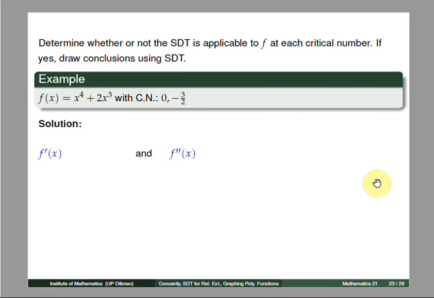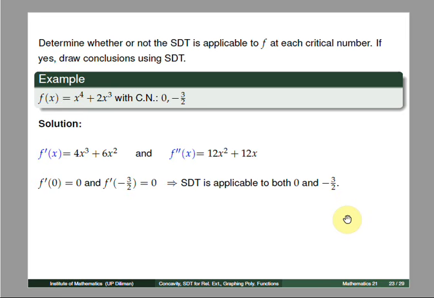You can verify that f prime is 4x cubed plus 6x squared, and f double prime is equal to 12x squared plus 12x. Our next step is to substitute the critical number in the first derivative. We see that f prime of 0 is 0, and f prime of negative 3 halves is 0. Since both are 0, this means that the second derivative test is applicable to both critical numbers.